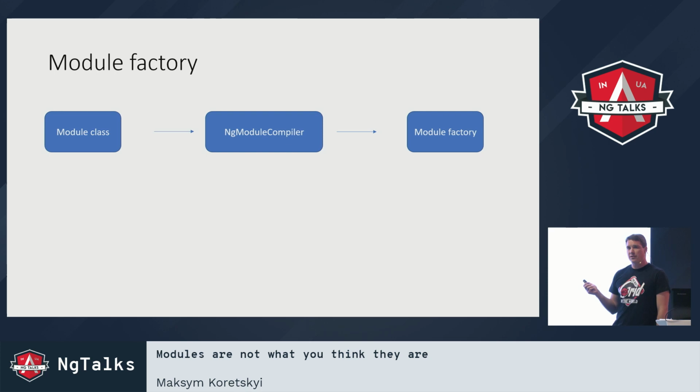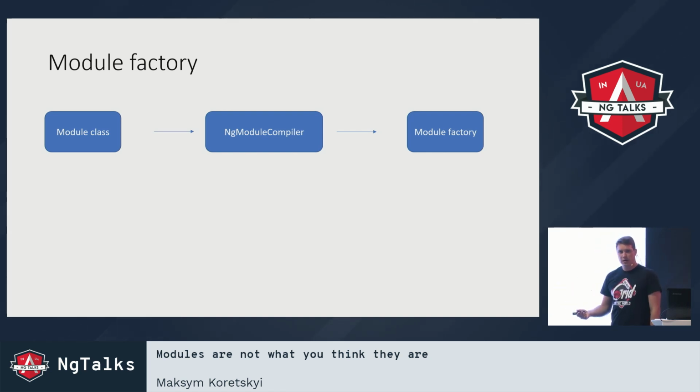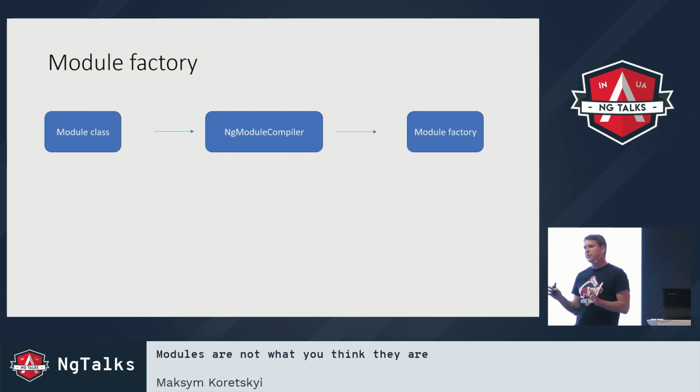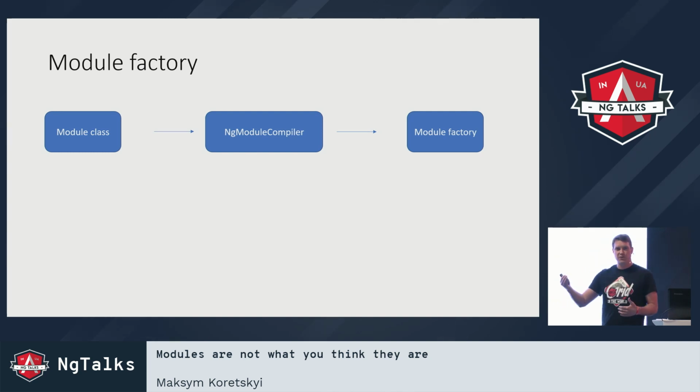This module factory is basically just a set of provider definitions for the providers that you define on the module. The important thing is that these provider definitions specify some relevant metadata, like dependencies, and which provider needs to be instantiated first, the order of instantiation.